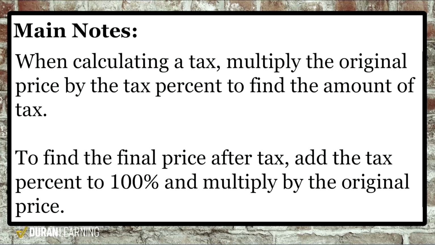So if the result that you want, my party people, is the amount of the tax, then you need to multiply that original price by the tax percent. Multiplying by the tax percent gives you the amount of the tax. My party people, yes or no? Does that general idea still ring true? Still feels like it makes sense? Cool, sounds good. Again, we're going to practice this. But now let me turn your attention over to this one here.